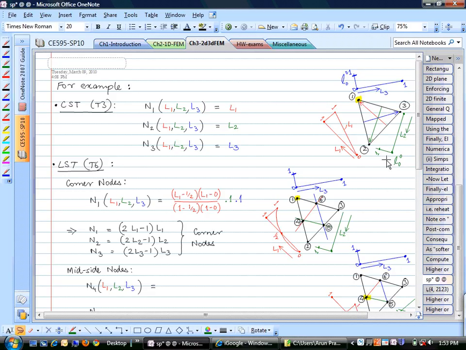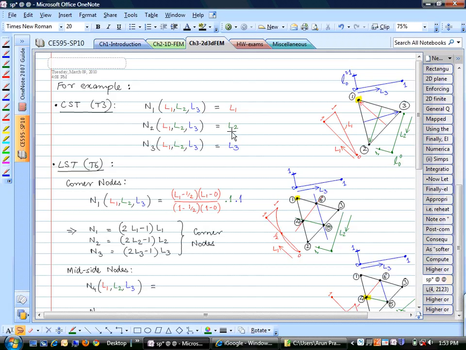So both of those we have just defined to be 1. So immediately we get that the shape function for node 1 is this multiplied with this multiplied with this, which is L1 times 1 times 1. The same idea holds for node 2, but you would have to draw a different figure where you have a Lagrange shape function that is linear in L2, and it would be 1 and 1 in L1 and L3.